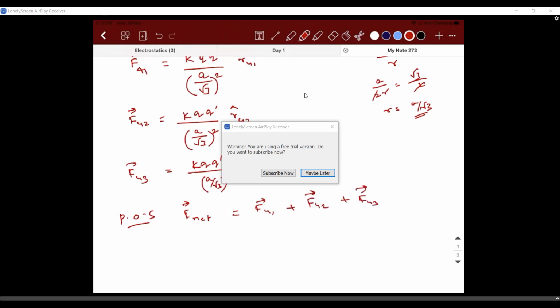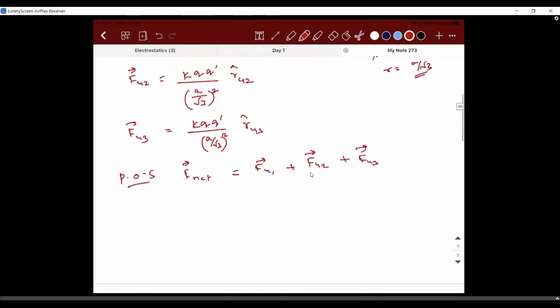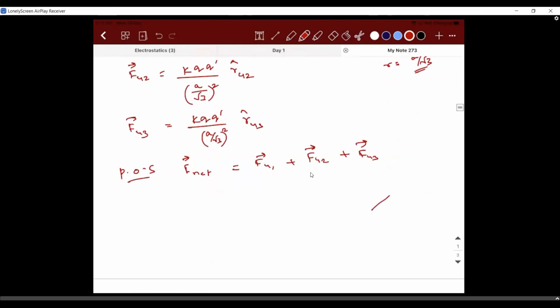But the only challenge that we have in this case is that the directions are completely different. Am I right? Look at them. Because this is F41 vector, sorry, this is F42 vector. You already have the diagram in your notes.